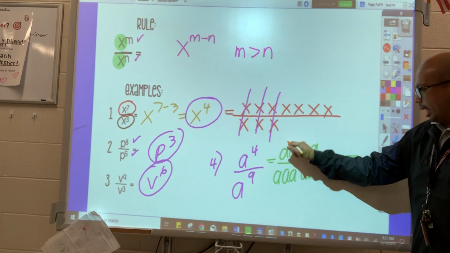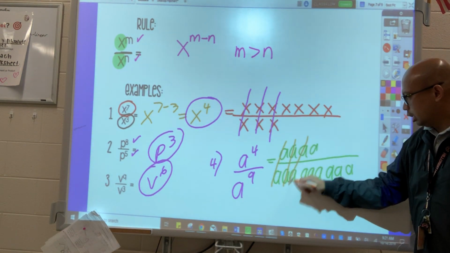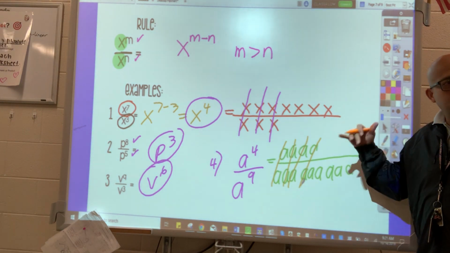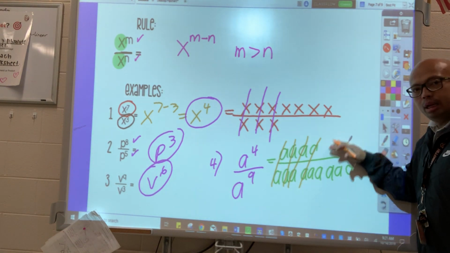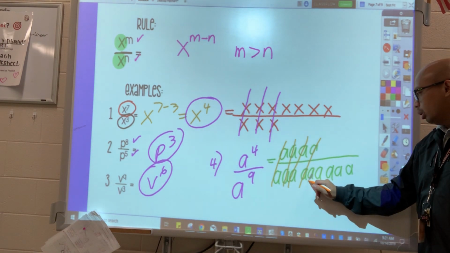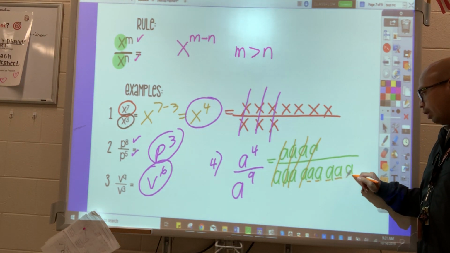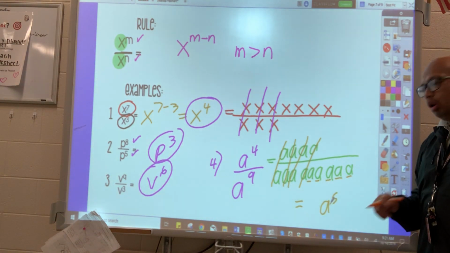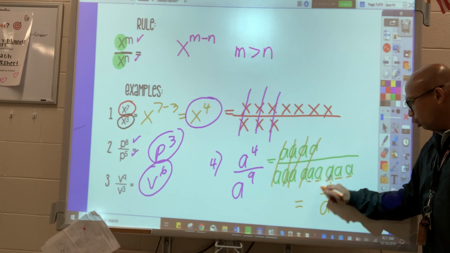Cancel, cancel, cancel, cancel. Do we still have A above on the numerator? We don't have an A anymore on top. But do we still have A on the bottom? How many? 1, 2, 3, 4, 5. So is the answer a^5? No, it has to be 1 over a^5.